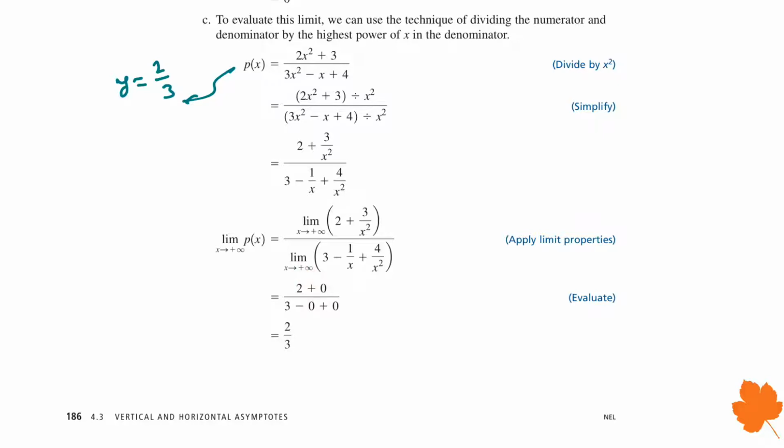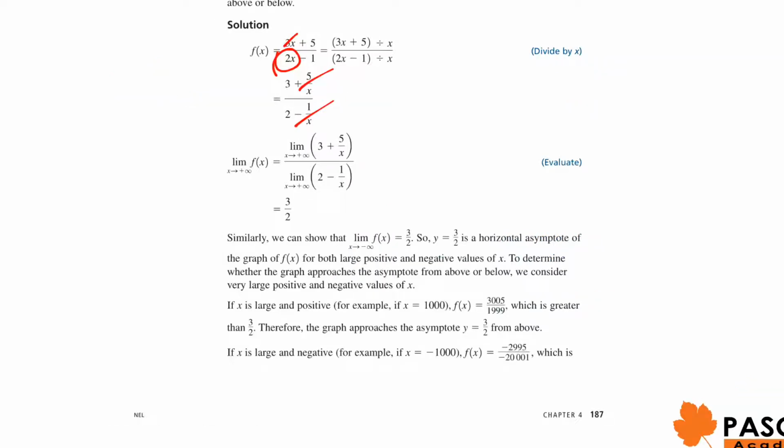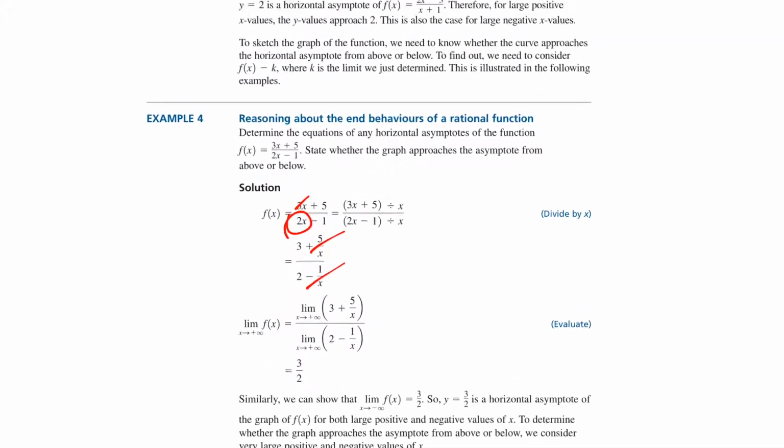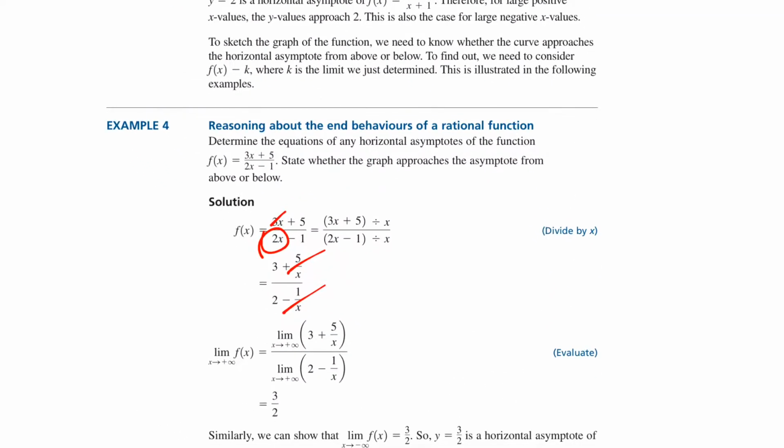Since 1 over x, 4 over x², and 3 over x² approach 0 as x approaches infinity, the limit would be 2 over 3. This means y equals 2 over 3 is the horizontal asymptote of the function.